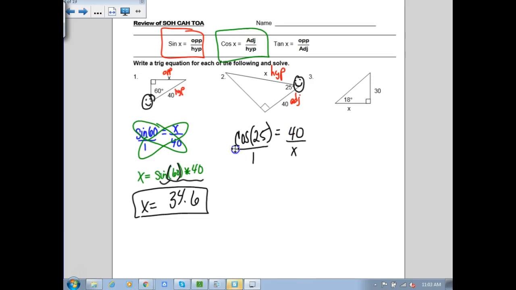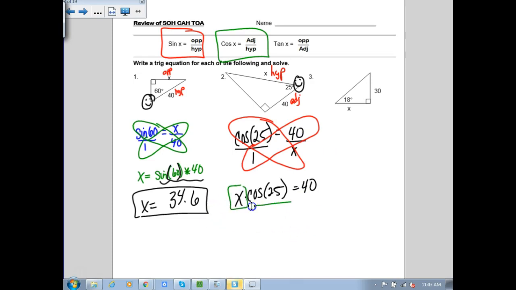Now, be careful on this one. When you cross multiply here, we have to be careful on that part because this is x times cosine of 25 equals 40. So this is not really a multiplication question, guys. How are you going to solve for x? Yeah, this is one of those ones we have to divide.